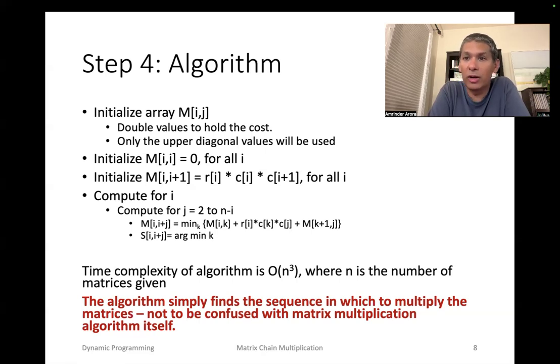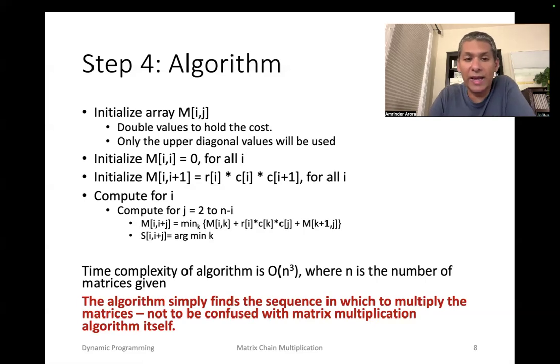Like we talked about, we're not trying to optimize that; we take that as a given. Then we simply build up our solution with a bottom-up traversal, running two for loops: for i equal to 1 to n, for j equal to 2 to n minus i, m[i][i+1] is equal to the minimum over k, etc.